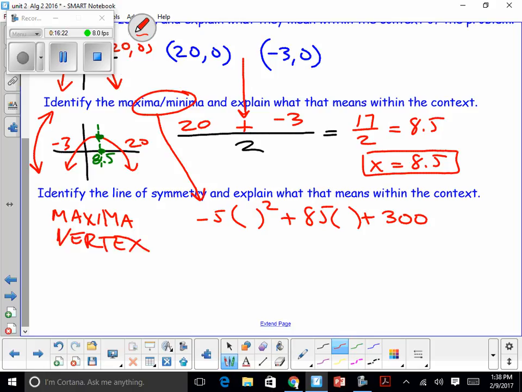This thing down here is to get the y that goes along with this x, because this final answer is going to be something, comma, something else. The vertex is going to be 8.5, comma, whatever the y is.